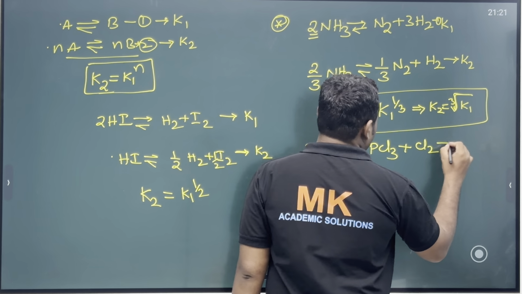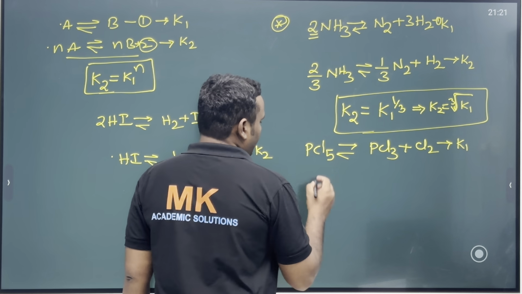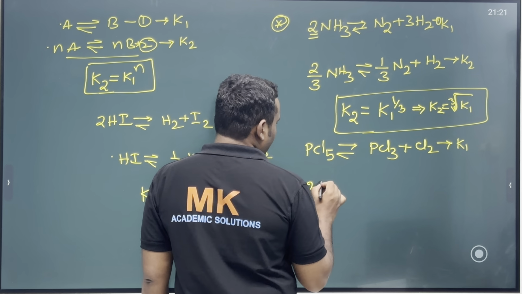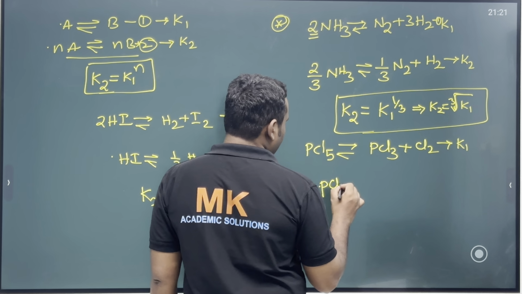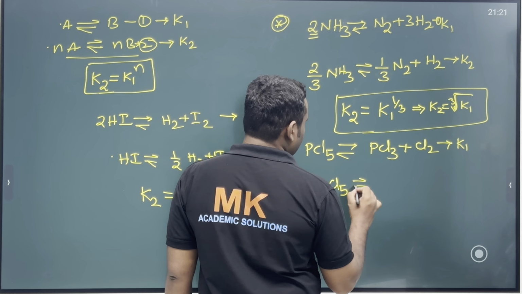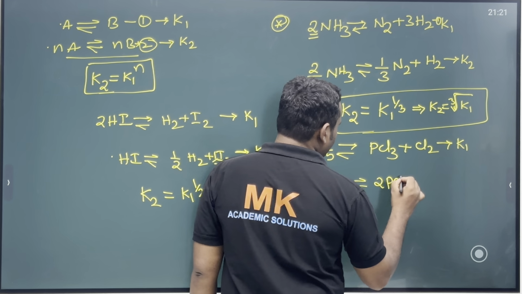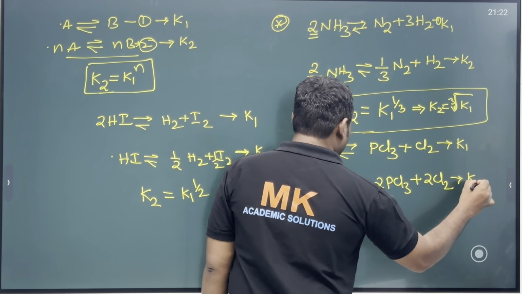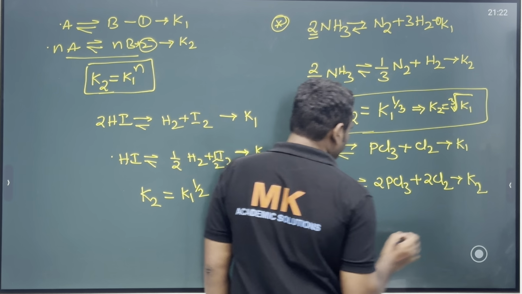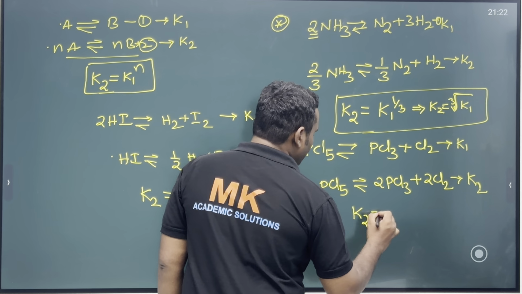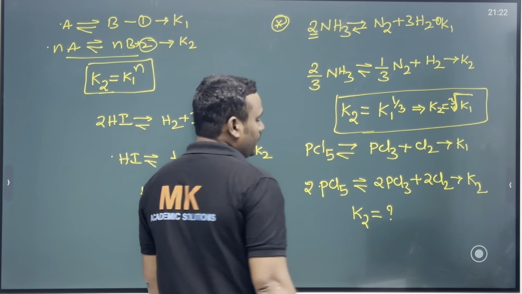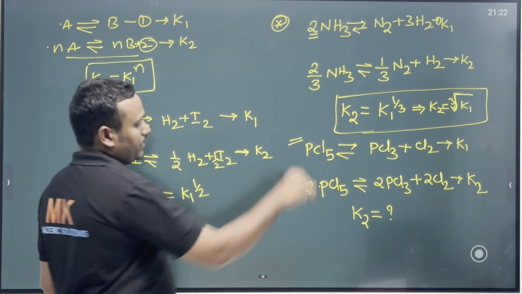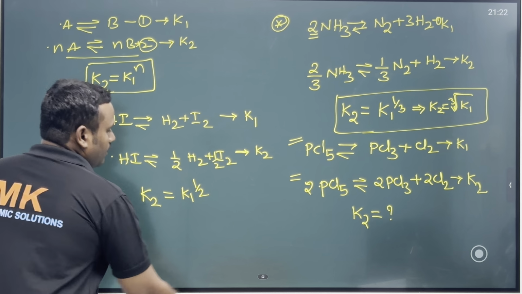You consider it as the equilibrium constant K1, and now what am I going to do? 2PCl5 gives rise to 2PCl3 plus 2Cl2. Sorry, this is the K2. Now what is K2 equal to? So now you write the relation between K1 and K2. You can take this for practice, right?